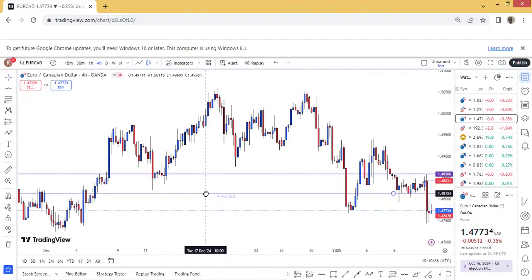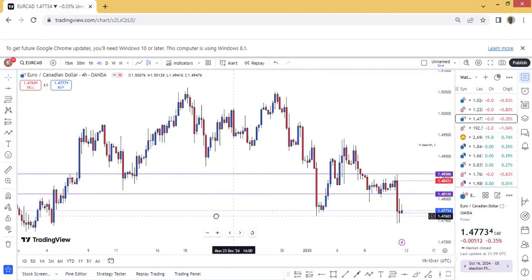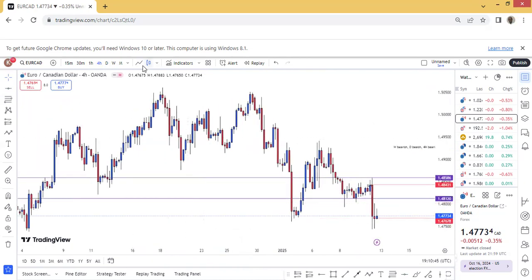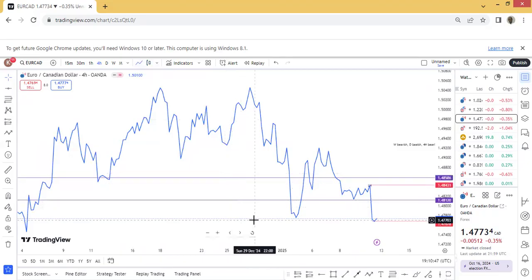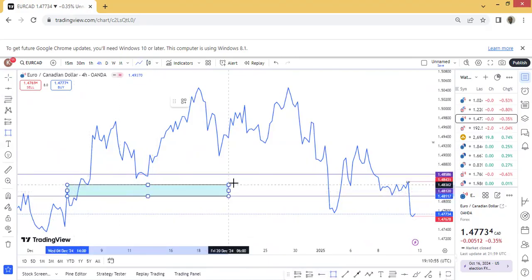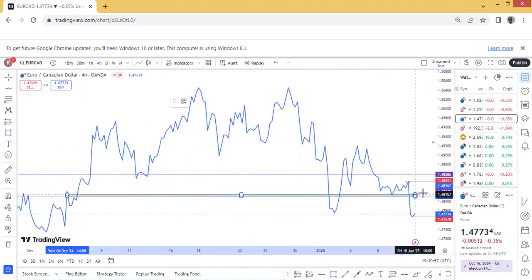So let's tweak it a little and see if there is another fresh level. The closest fresh level is this place on the 4-hour. So for me, I'm going to consider that place as the first area of interest. I will not draw the second area of interest because I do not like to have a lot of things on my chart.